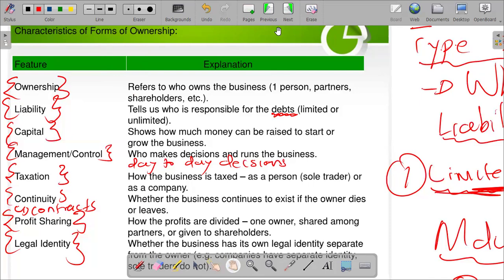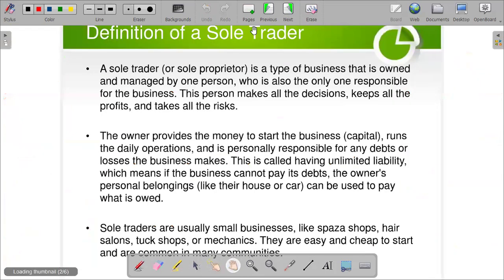So as we move along to the first form of ownership, as we broaden it and as we explain it in full, the first form of ownership is a sole trader, or in very difficult terms, a sole proprietor.